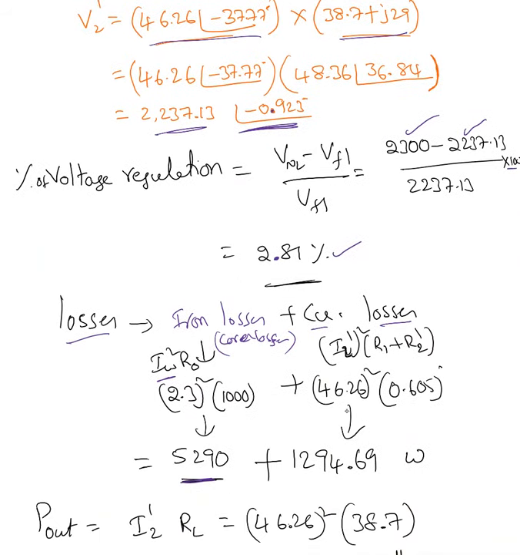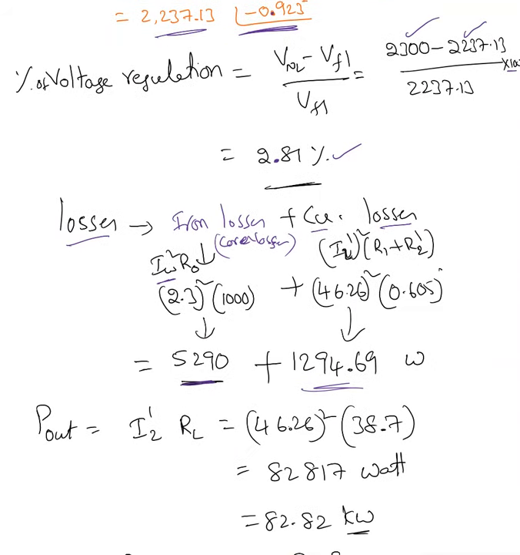So I end up with 1294.69 watts. Now output power is I2 prime squared times RL. Remember, this power is always consumed inside the resistor, so I'm using only the resistance of the load, which is 38.7. I end up with 82.82 kilowatts.